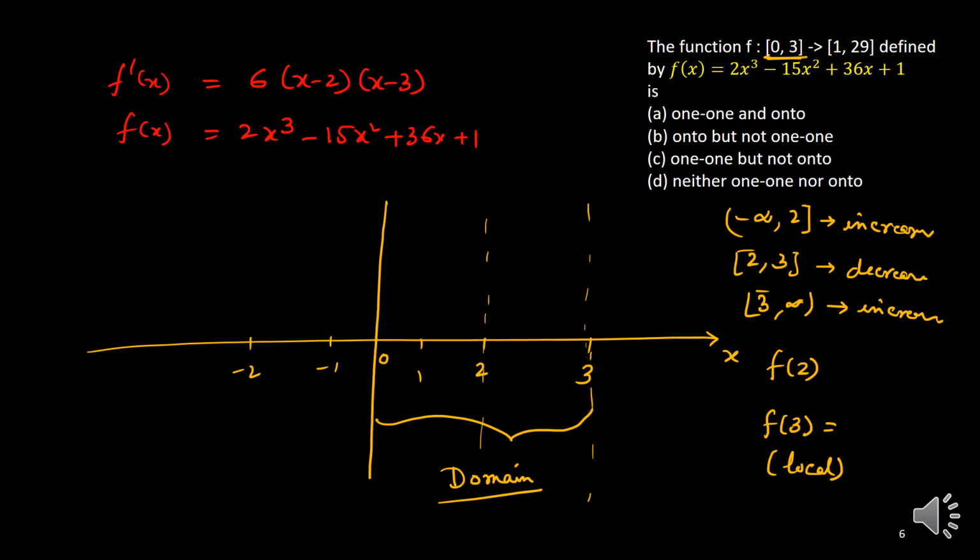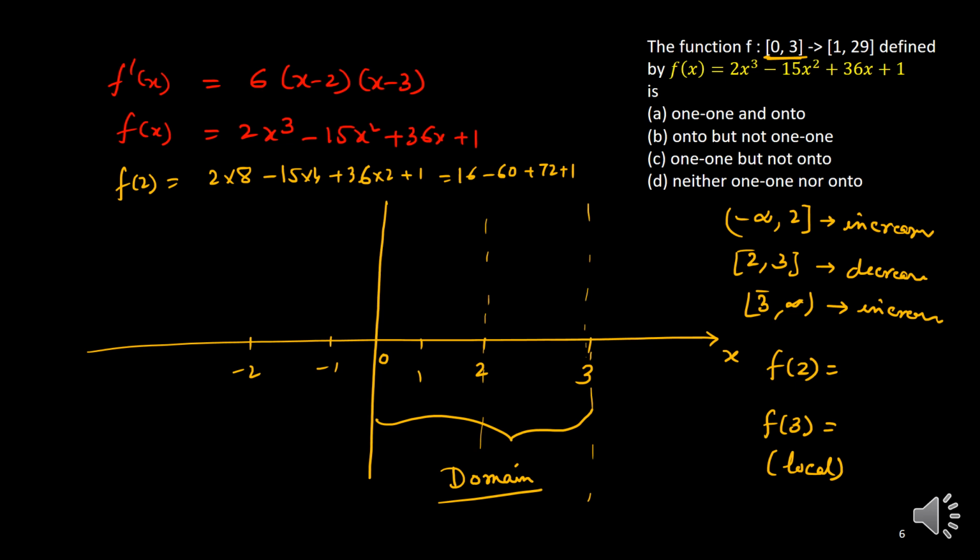Now what is the f of 2 value? Putting x equal to 2: 2 into 8 minus 15 into 4 plus 36 into 2 plus 1. So it is 16 minus 60 plus 72 plus 1.